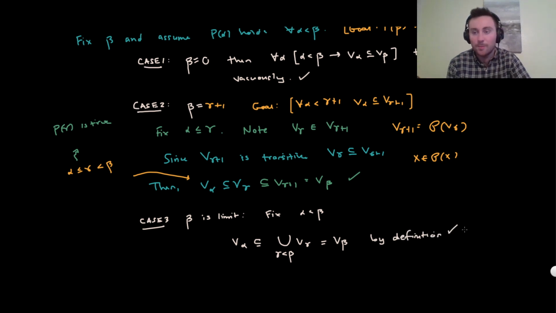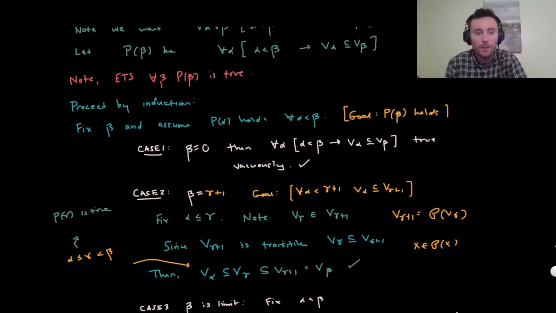So then we're good there. But that's what we wanted to prove. So this is good. So the induction goes through. Why? Well, we fixed some beta and assumed that it was true for all alpha less than beta. And we just argued that it was actually true for beta as well, right?